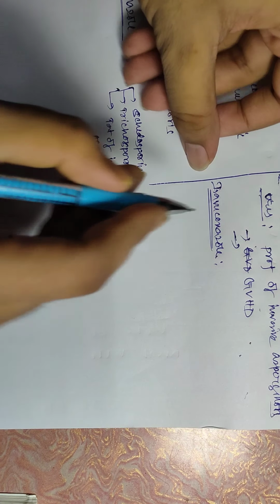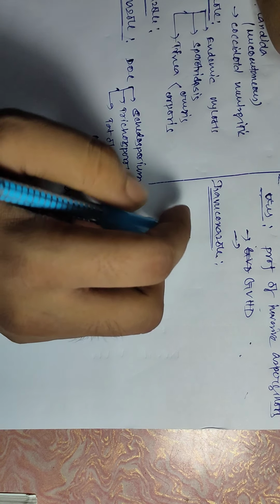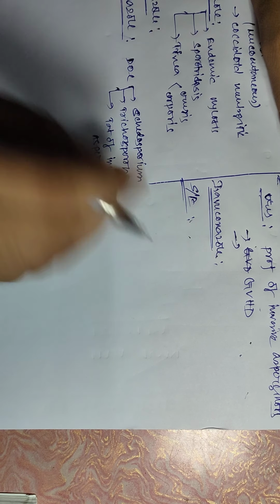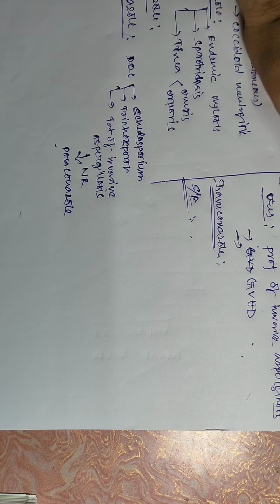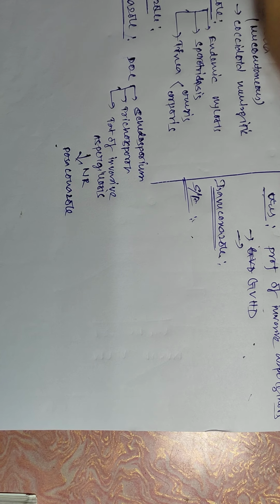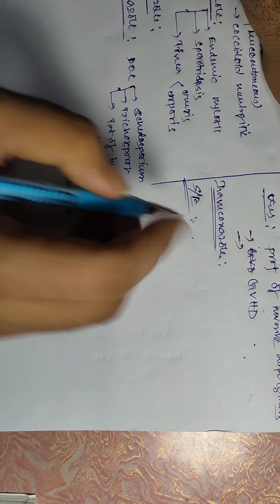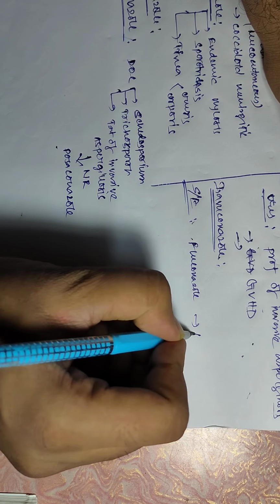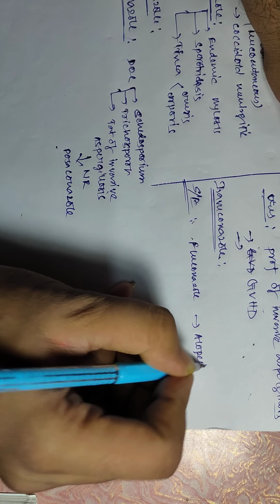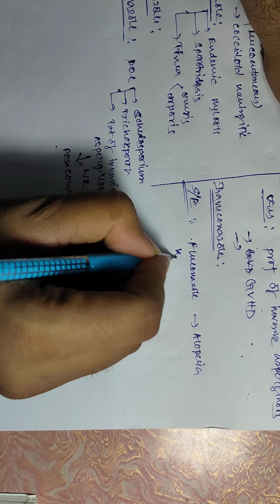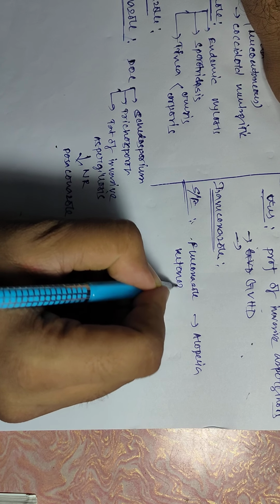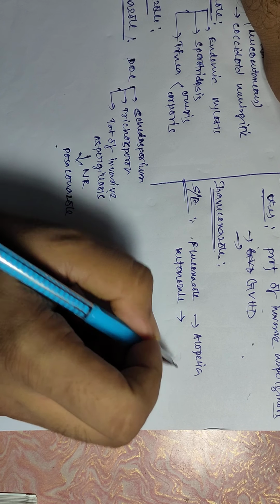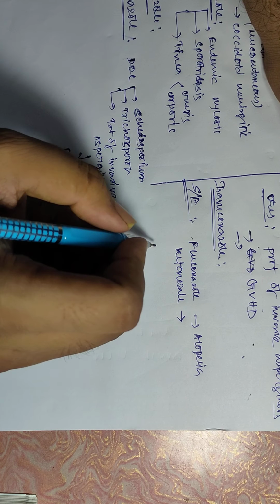Now the side effects of the azoles group of drugs. If I want to talk about the fluconazole, that particular fluconazole causes alopecia. Ketoconazole blocks the androgen receptor, so gynecomastia is seen, right?